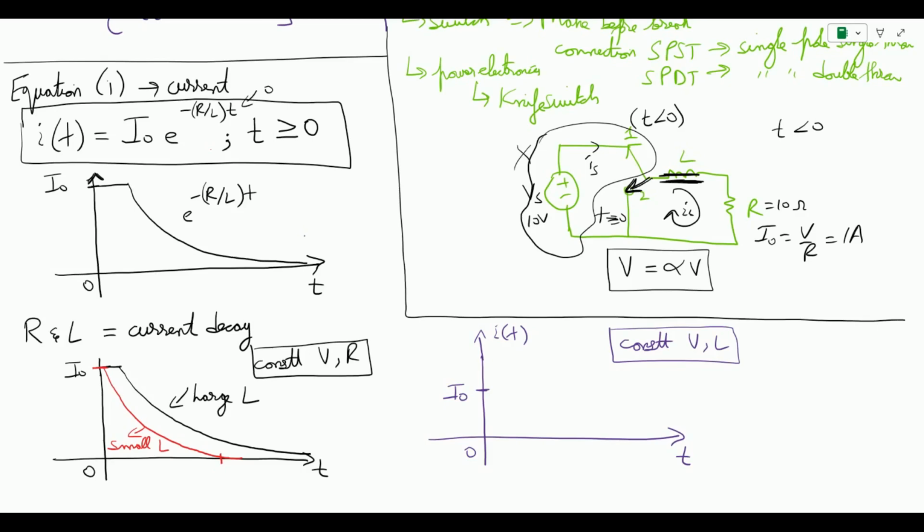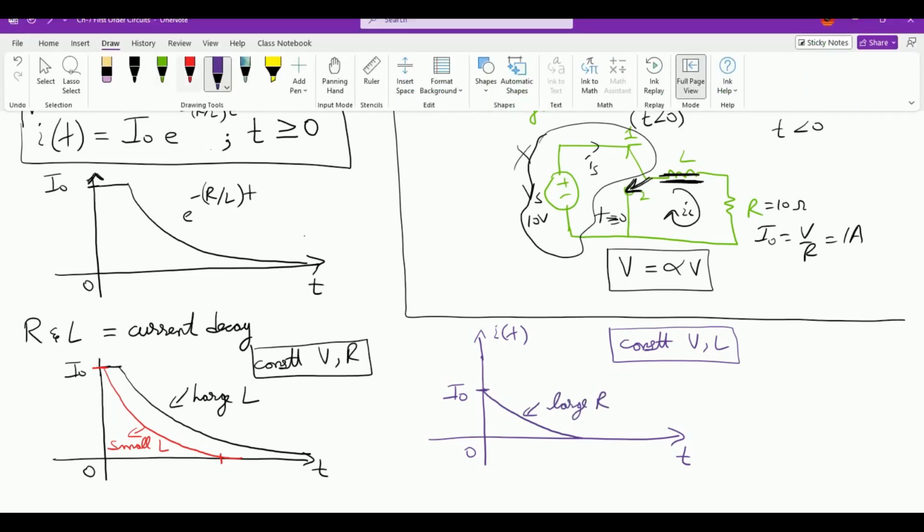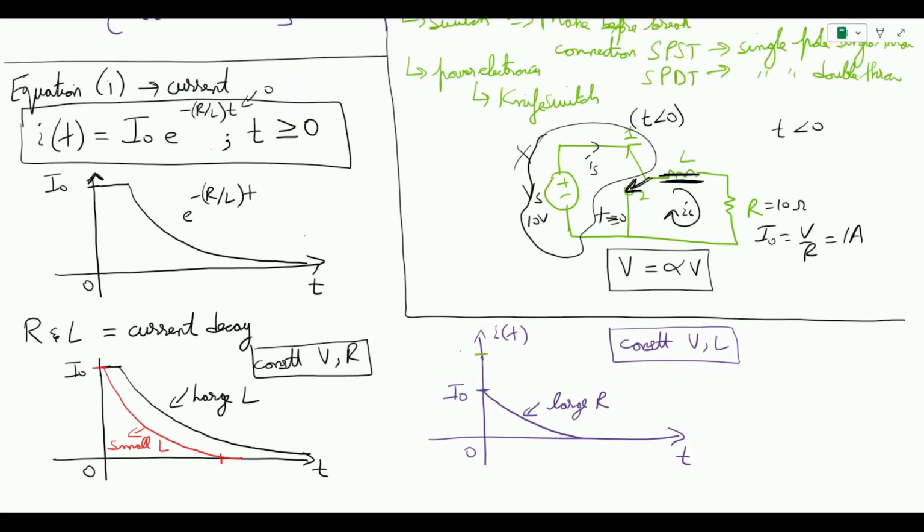So this means that the current is going to reach a steady state condition quite early for a larger value of resistance, and similarly if the value of resistance is less, the current is going to be stored more, and it is going to take more time to reach the steady state condition, which is the final value over here.